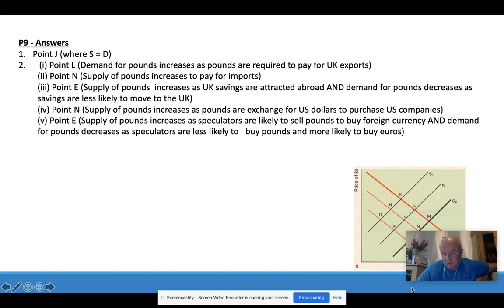That's what speculators would be looking to do, to try and make more money from their currency dealings.